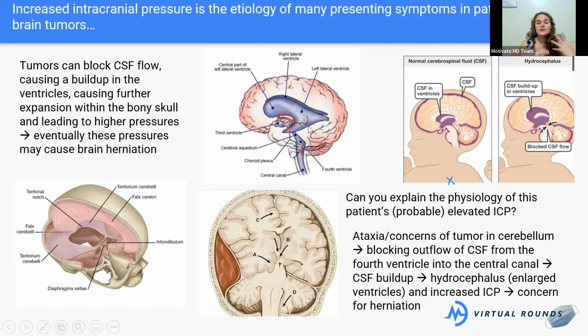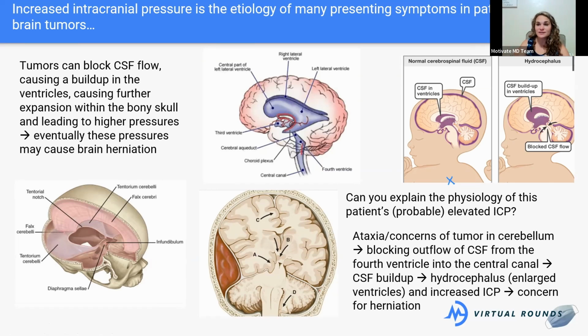So when we think in terms of this patient and the physiology of what's going on, you guys already told me about the motor exam and the cerebellum stuff, so probably something's going on. He probably has some sort of brain pathology, right? If we're thinking about a tumor, we have a tumor in the cerebellum that's causing this increased intracranial pressure and it's blocking the CSF flow.